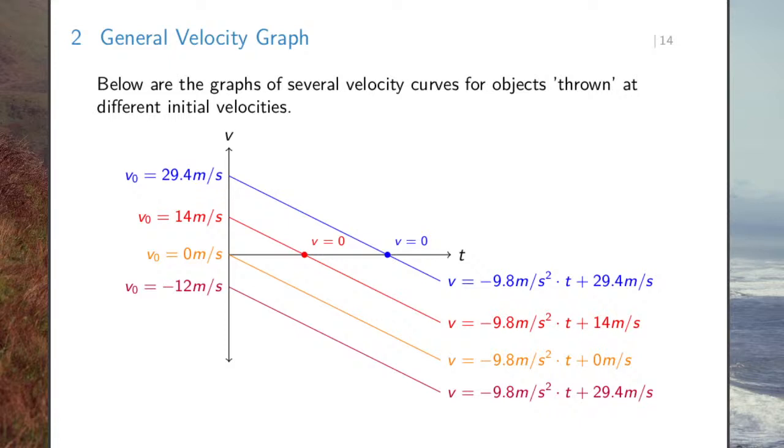So, for example, this blue graph right here indicates that the initial velocity, v naught, of the blue graph is 29.4 meters per second. So this graph right here charts what happens to this object t seconds after it's thrown into the air, right?